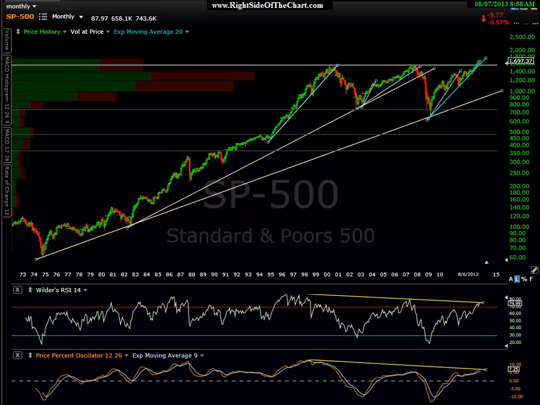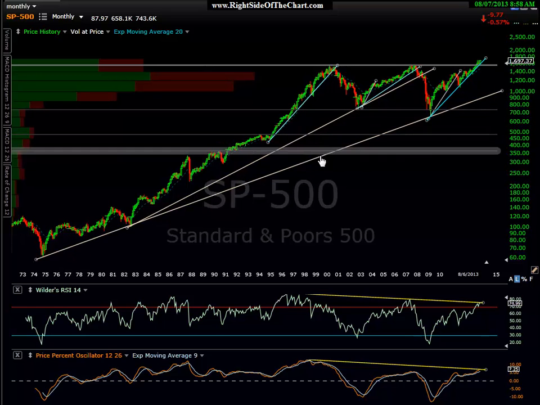Okay, so what we're looking at is a multi-decade chart on the S&P 500, and we see prices pretty much making a triple top and actually just breaking out here recently, as we all know, to new all-time highs. And what this chart shows, as most of my charts do, I use different colors on trend lines to indicate the significance.